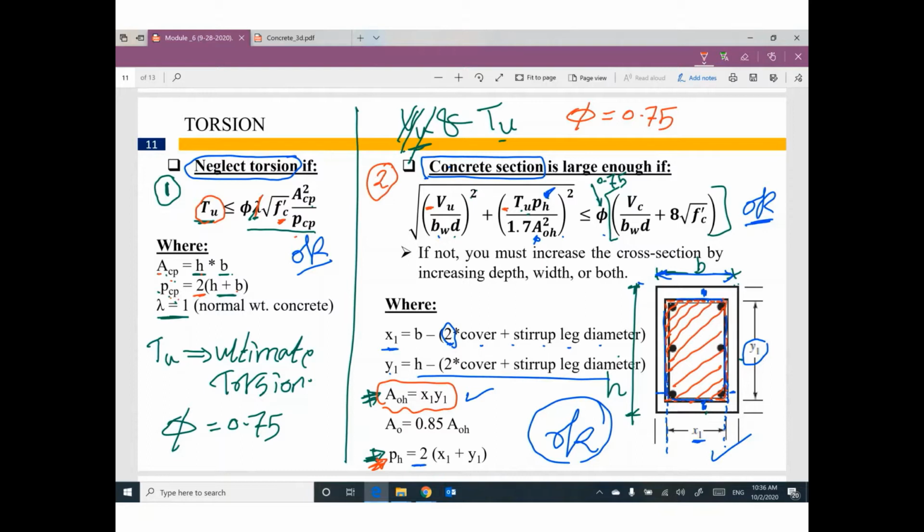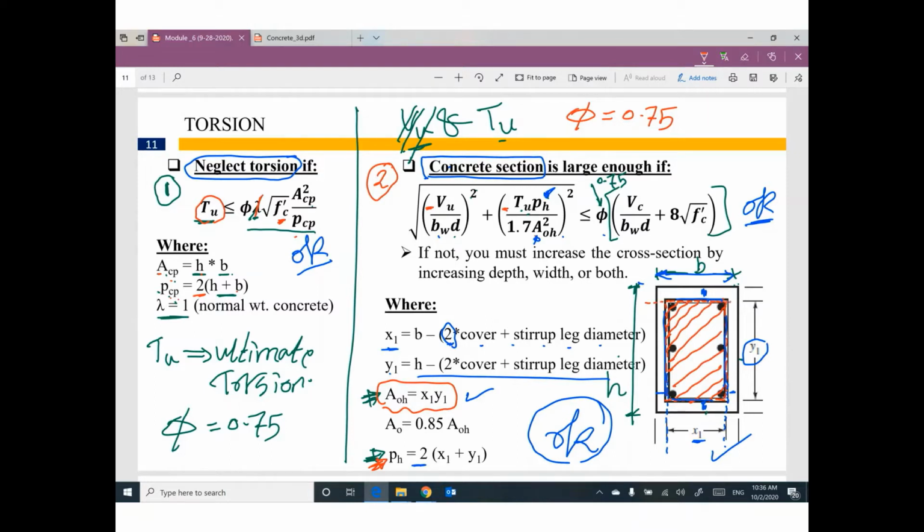You have to be careful about Ph and area Aoh. This part is very important. I'm going to draw a line at the center line of the stirrup.